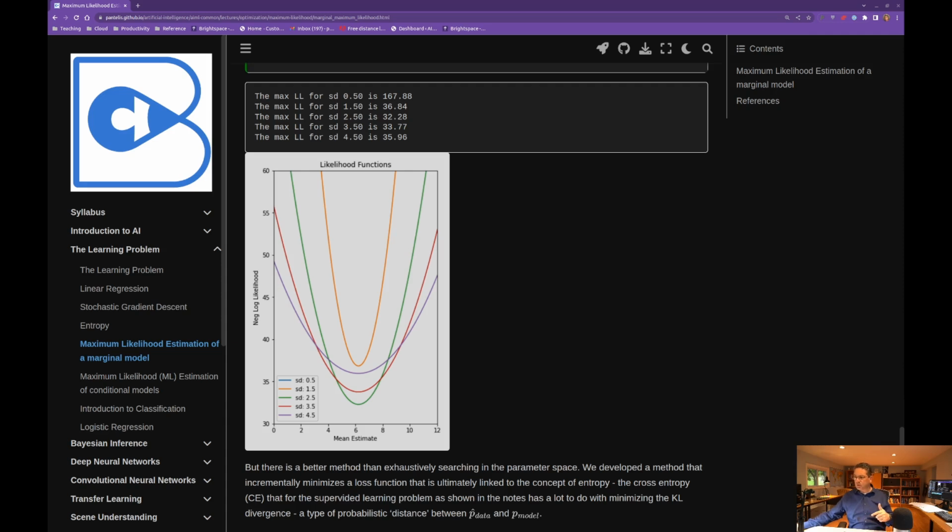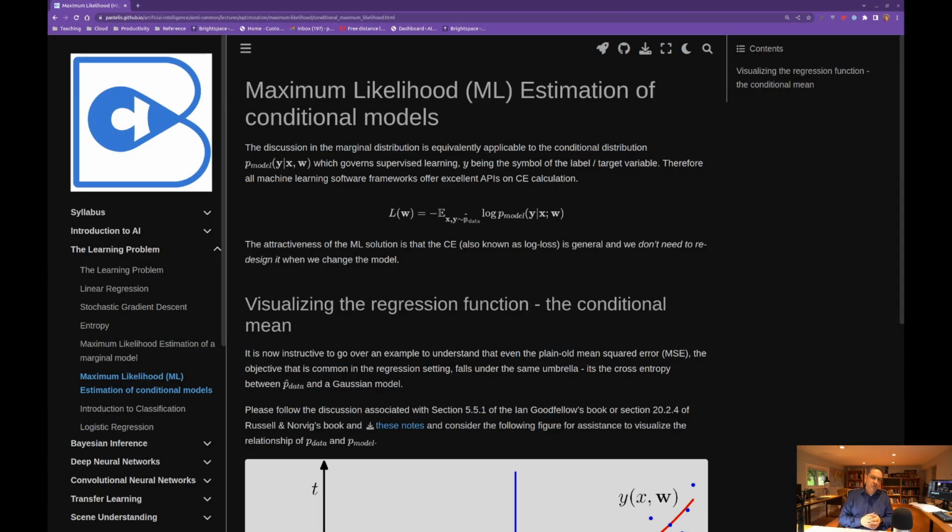Now we need to go into this same discussion again, but this time we will introduce labels, and see how this objective function, which is called conditional maximum likelihood, turns out to be. In terms of the equation of the loss function for conditional models, everything we have discussed on marginal models applies equally to conditional models. In conditional models, we have a probability distribution p model of y given x.